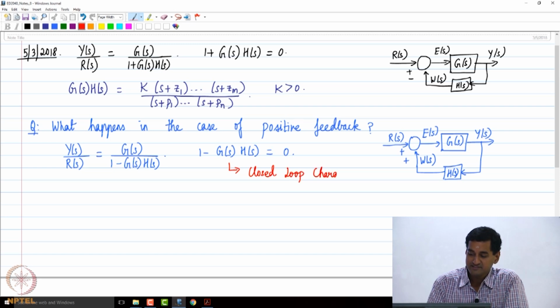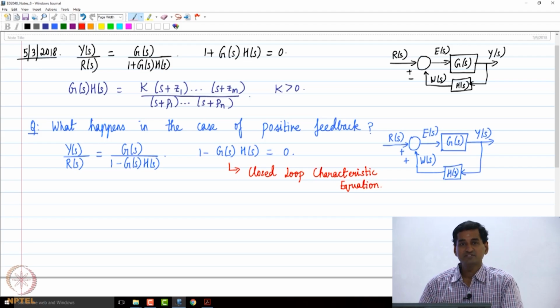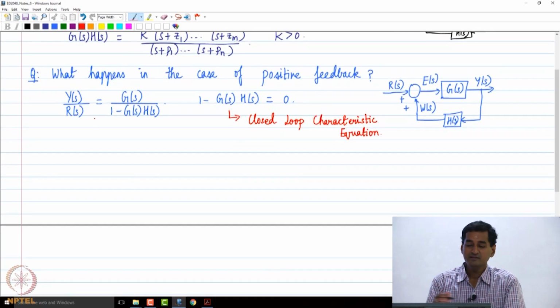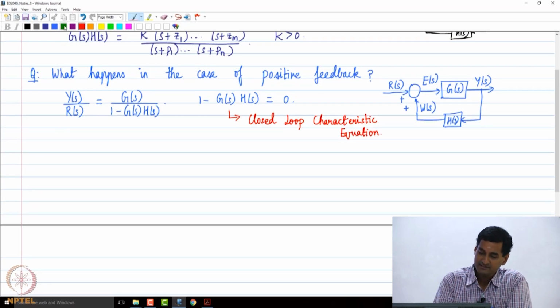Any value of s that satisfies 1 minus G of s H of s equals 0 would now be a closed loop pole.